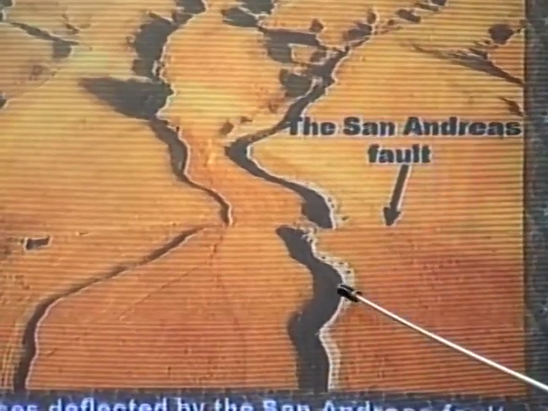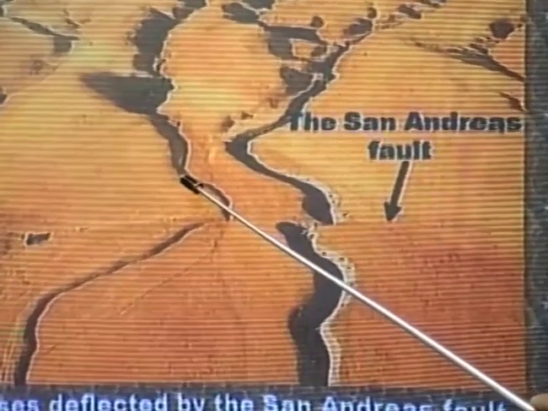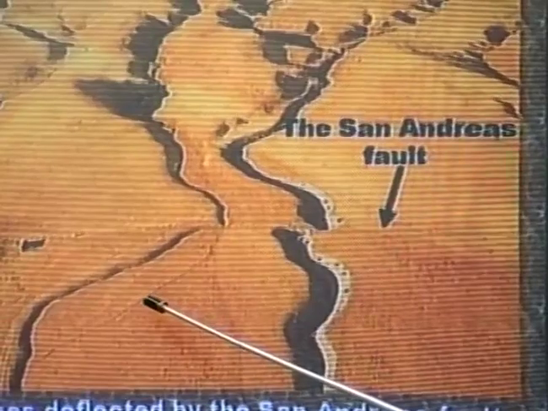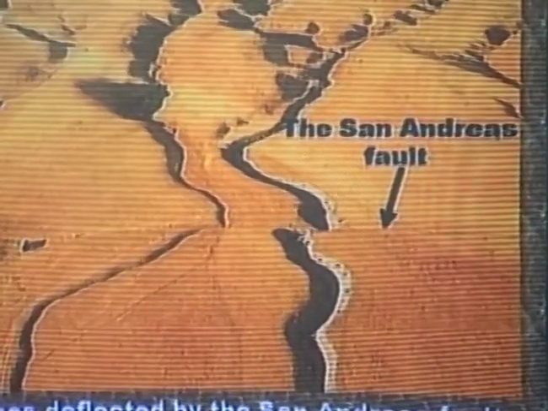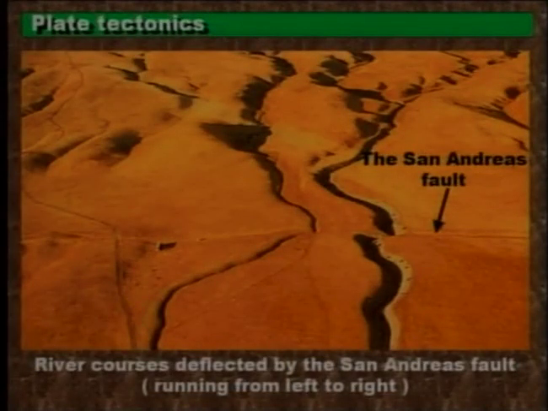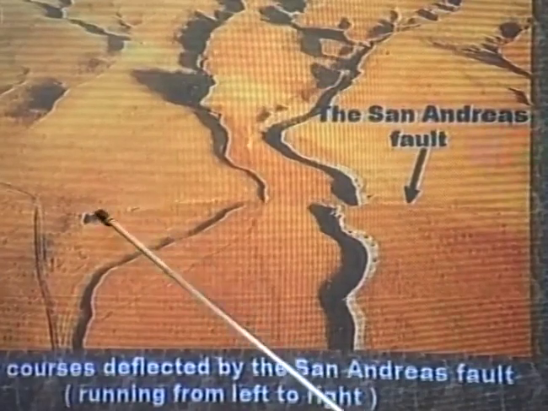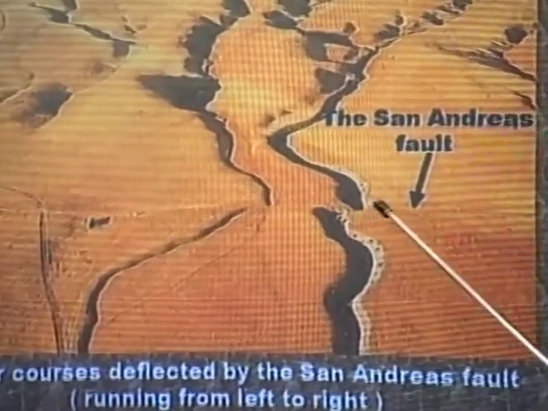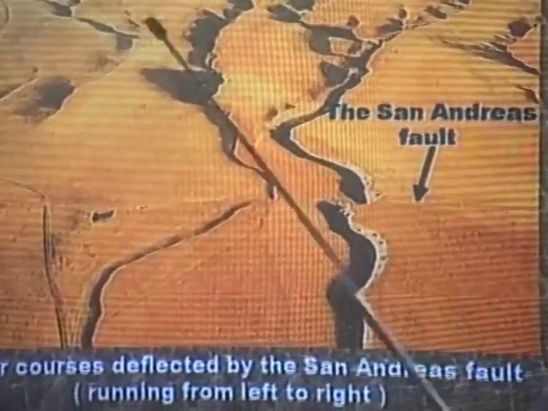So by looking at this information, you can say that this plate here is moving in that direction while this one here is moving in that direction. So the river course is deflected as a result of that particular fault. And the fault line, the San Andreas Fault, is supposed to be here. Not very visible from our monitor, but we can work out, as shown by the arrow here, that it's supposed to run in that direction.